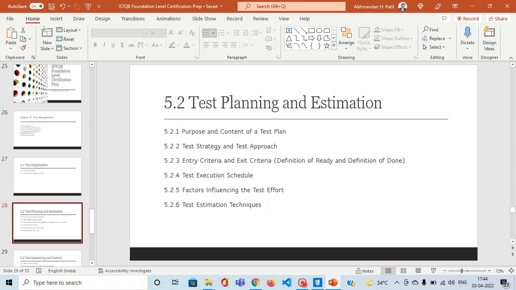Or there could be a very experienced expert in a team, who are owners of testing tasks. Generally, they do the estimation. So that is 5.2.6. So with that, let's conclude 5.2 and let's meet in 5.3.